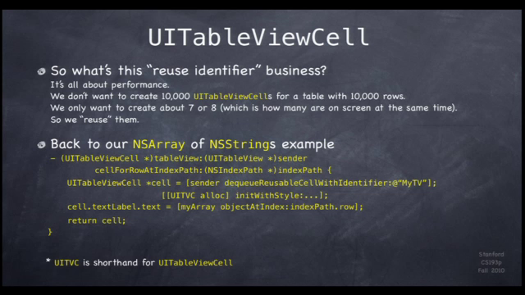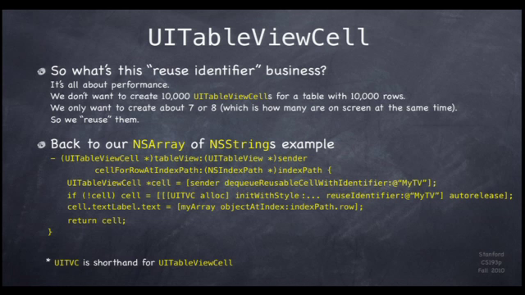And the pile is the "my TV" pile. That can be any string. You make up that string. It just names the pile of reusable table view cells. Okay? And then we say if not cell. In other words, if I couldn't get a reusable one off the pile, then I am going to initWithStyle. And when I initWithStyle, I'm going to specify the reuse identifier "my table view."